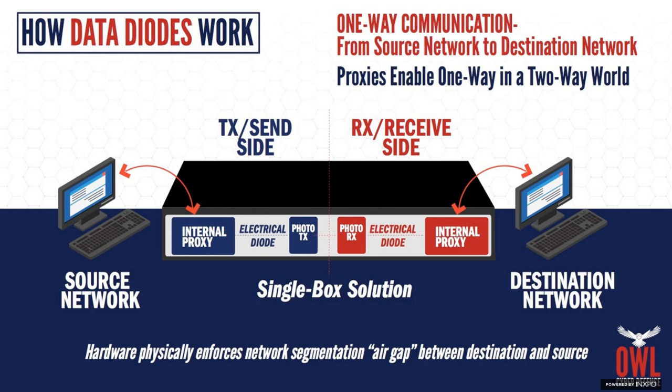The source side of the data diode has a proxy, and it terminates the TCP/IP session. It could also terminate a Modbus session, an OPC session, or a Pi historian replication session. Whatever it is, either at the transport layer or at the application layer, it'll terminate that session.